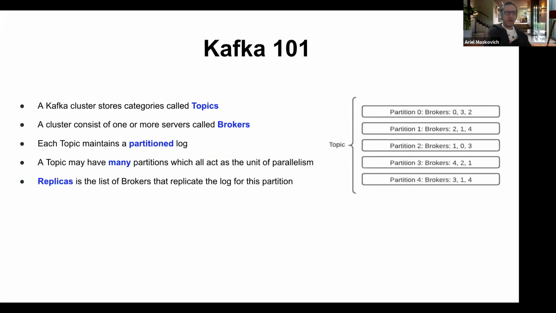Okay, so quick refresher. A Kafka cluster stores the events, the messages, into categories called topics. If you do it right, you are placing different message types into different topics. The cluster itself consists, obviously, of servers. Those servers are called brokers.